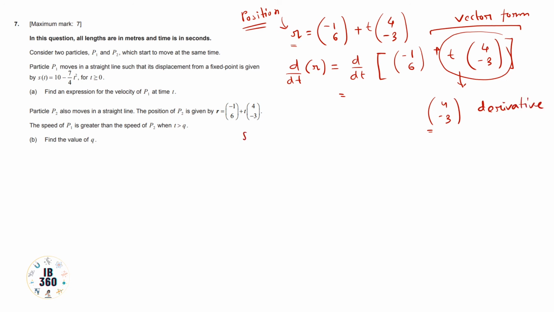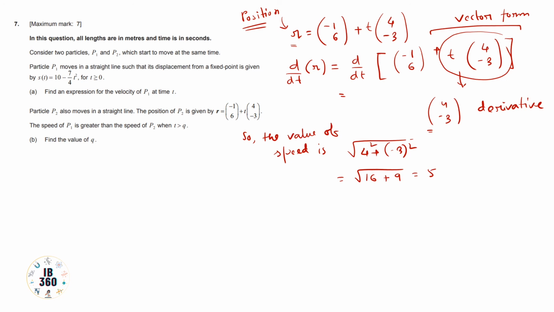So the value of speed is root over 4 square plus minus 3 whole square. So it is basically root of 16 plus 9, which equals 5.